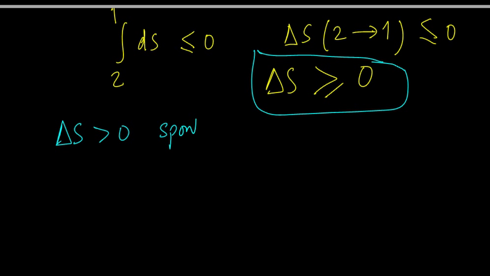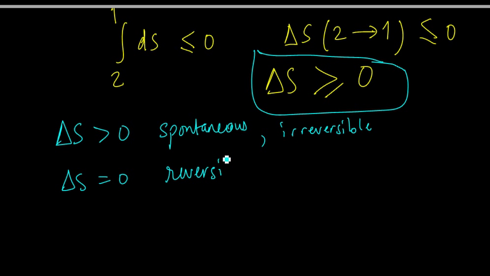So that's spontaneous, and each spontaneous process is always irreversible. Delta S equals 0 is reversible, something which is in equilibrium.